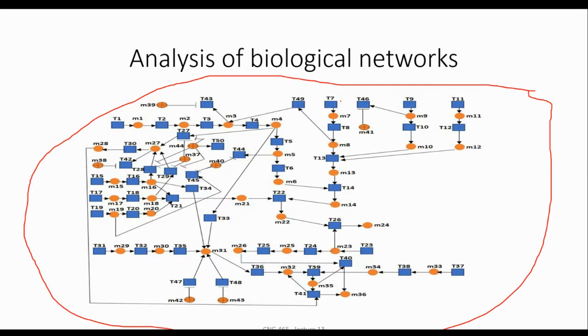Then you will see that each one of them, for example, these are places, these ones are transitions, and each one of these arcs has weights, and these transitions could have a kinetic parameter. They could have a rate as well.